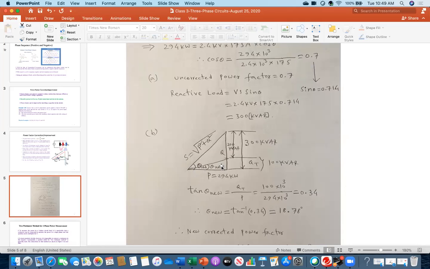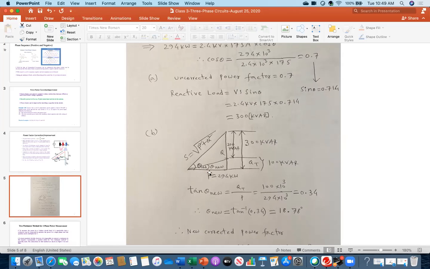This is theta new. And I said this QT is 100. How did I get that? From here to here, it was 300 kilowatt. The capacitor provided 200 kilowatt from here to here. Therefore, the remaining is 300 minus 200, so 100 kilowatt.